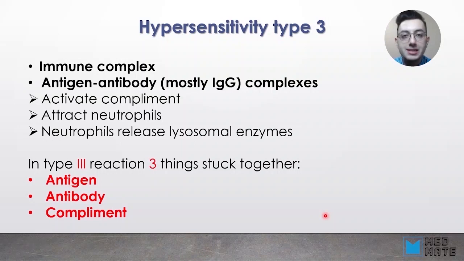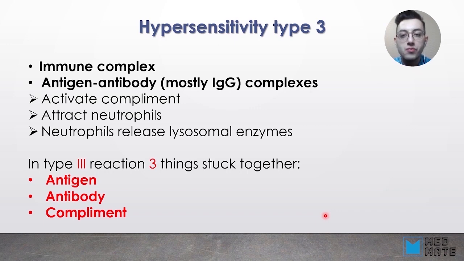The next type we are going to discuss today is type 3 hypersensitivity, the immune complex type. Antigen and antibody, mostly IgG complexes, are deposited together in the tissue, which later leads to activation of the complement system and attracts neutrophils.